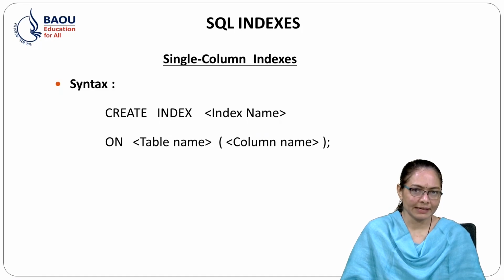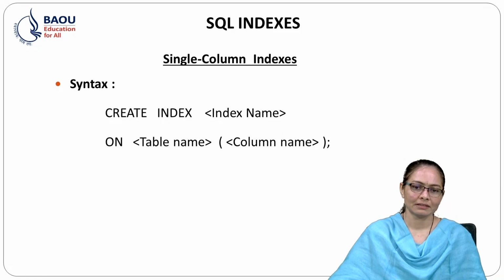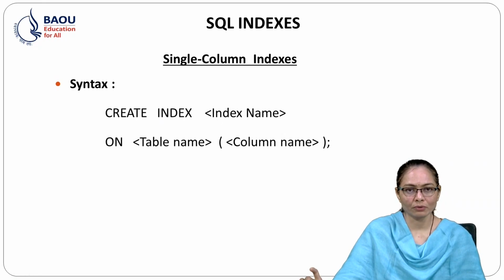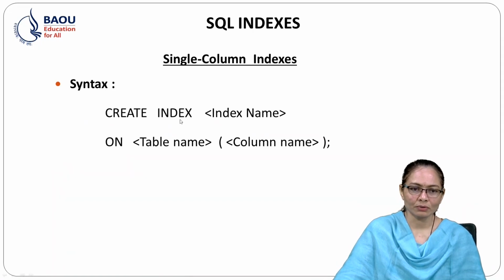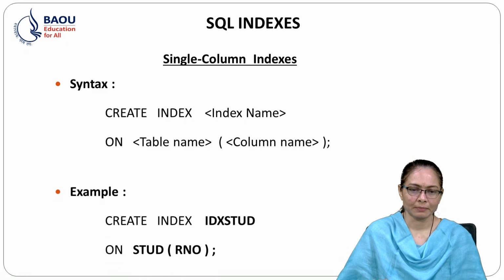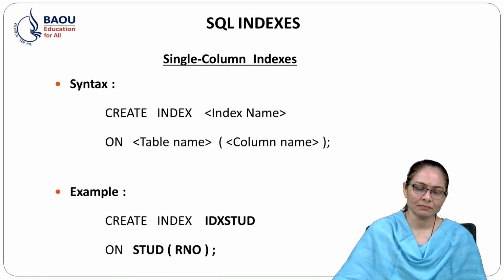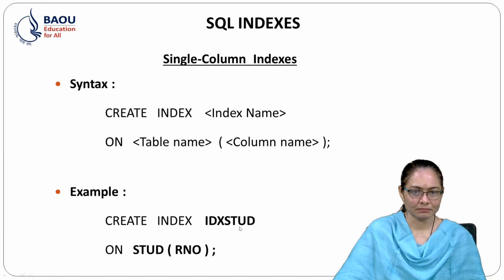The syntax is: CREATE INDEX index_name ON table_name (column_name); If you want to learn SQL, then you need to learn this syntax. See the example: CREATE INDEX idx_stud ON stud (roll_number).